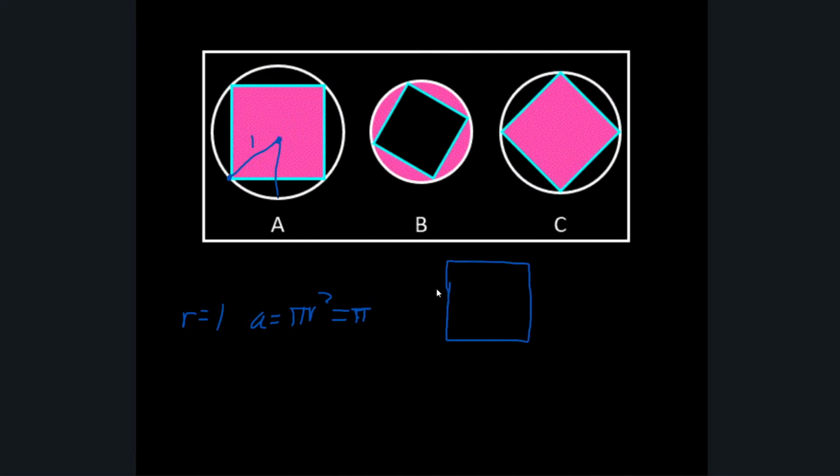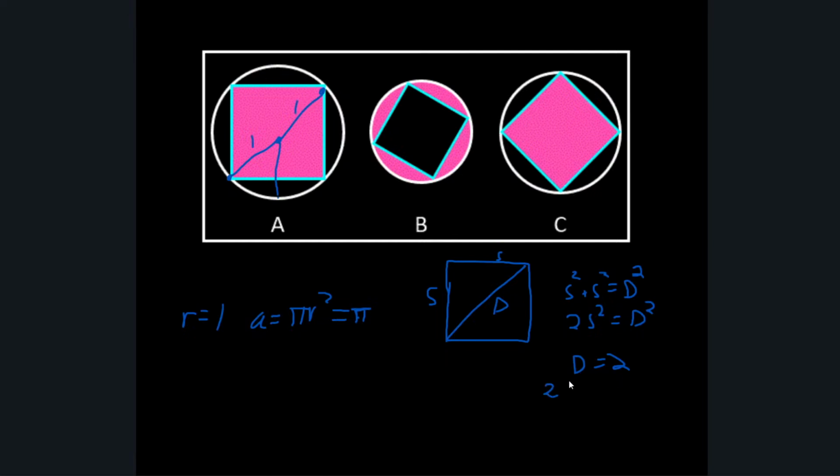If you call a side s, s squared plus s squared is equal to the diagonal squared, or 2 times the side squared is equal to the diagonal squared. We know that the diagonal is 2 because it's just the diameter in this case.